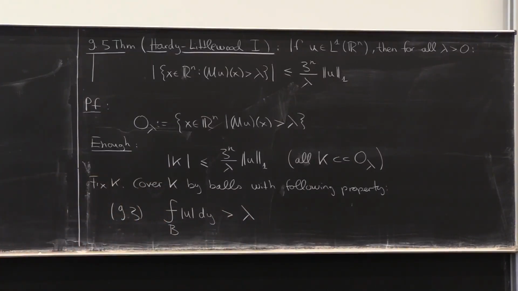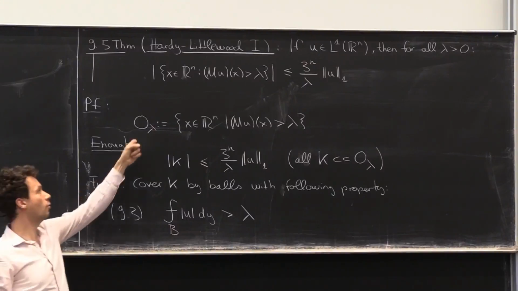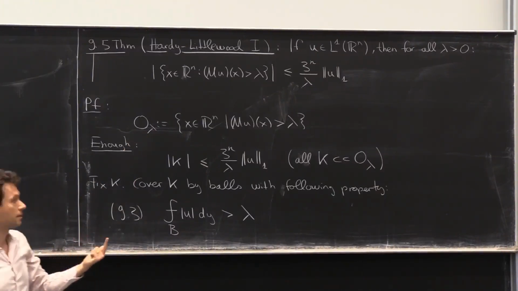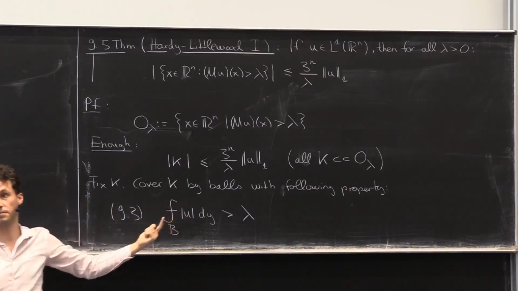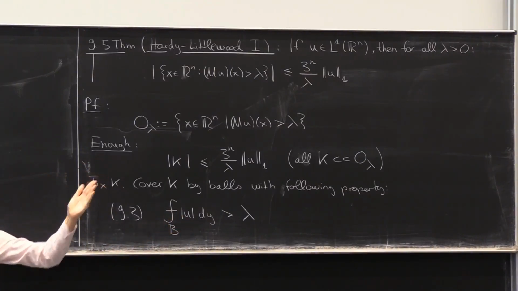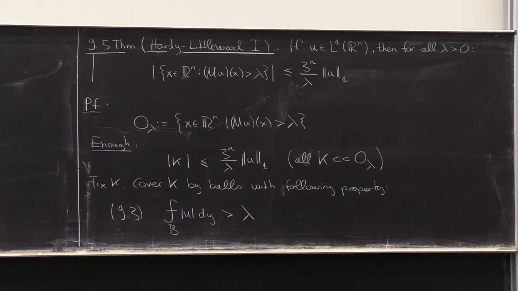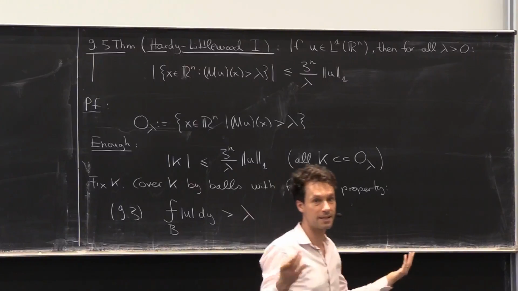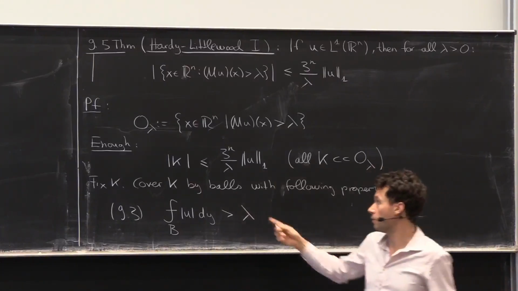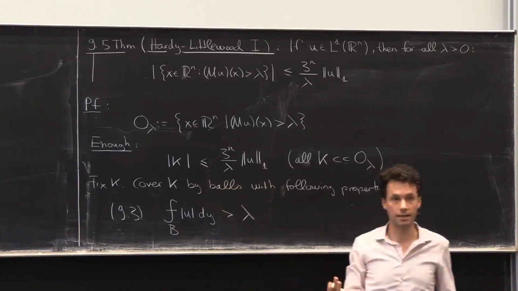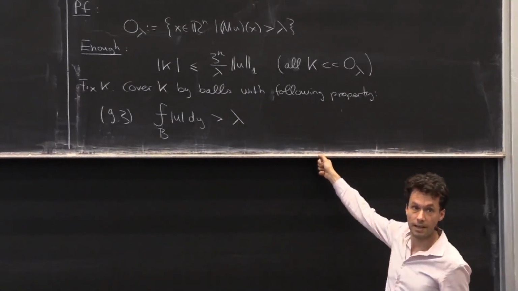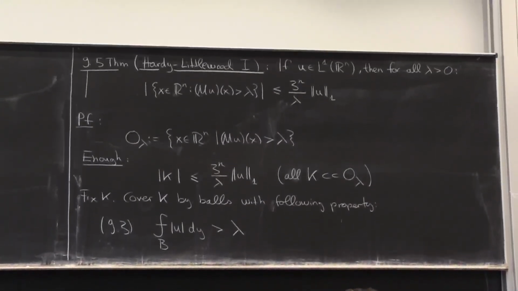And that just works because every point that is contained in O lambda is contained in a ball with this property by the defining property of the super level sets. So for every point I get a ball, then I can take all balls that I can possibly get from that. That gives me a covering of O lambda, and of K in particular, and because K is compact, I can pick a finite subcovering.